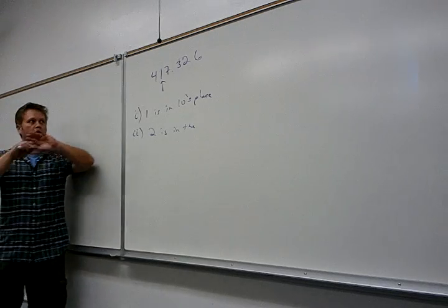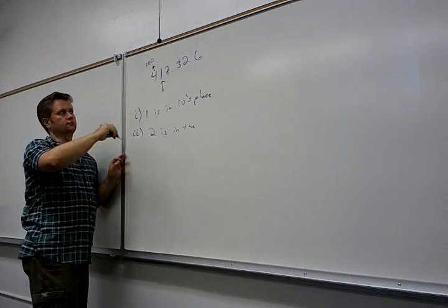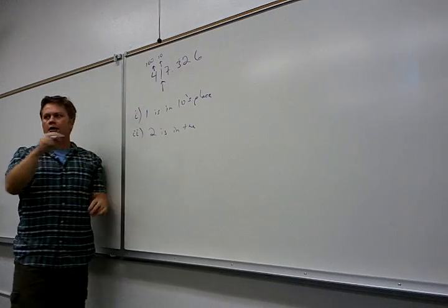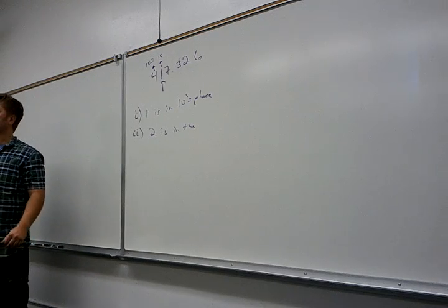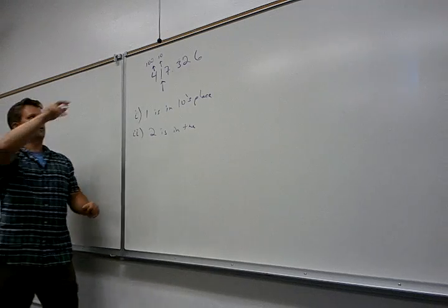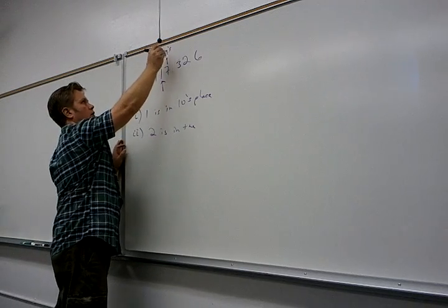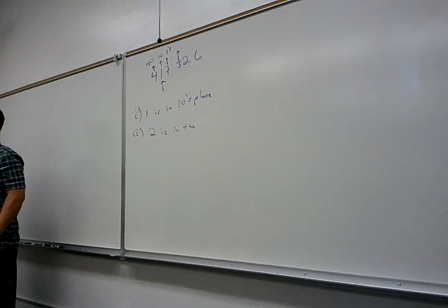So here's how you count it all. This is the hundreds place, right? This is the tens place. Notice how it decreased by a factor of 10. You with me? 100 divided by 10 is 10. So 10 divided by 10 is 1. This is the ones place. So 1 divided by 10 is 1/10.